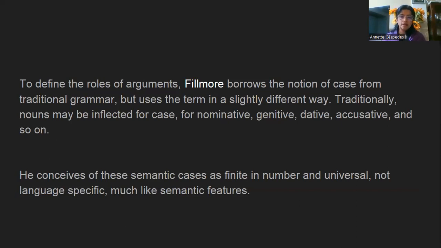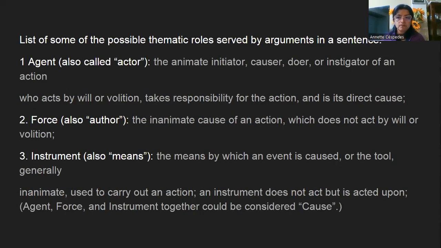Fillmore basically conceives of these semantic cases as finite in number and universal, not language specific, much like semantic primitives. Now, let's see the list of some of the possible thematic roles served by arguments in a sentence.